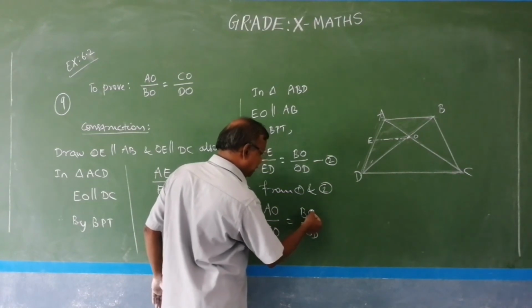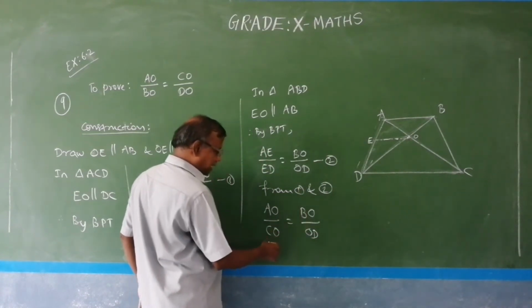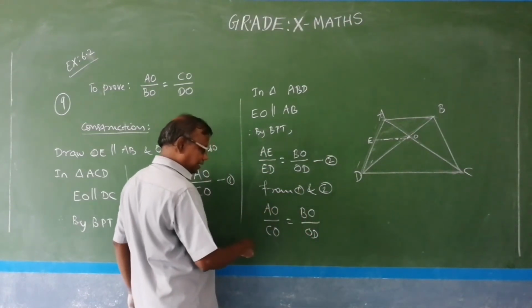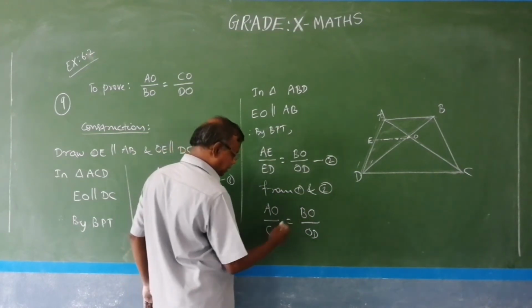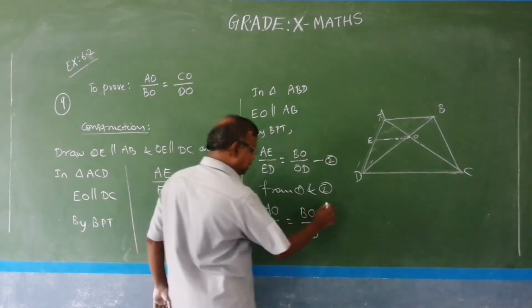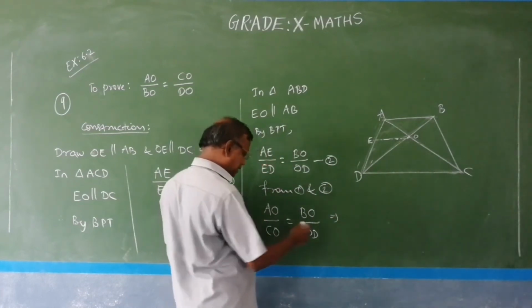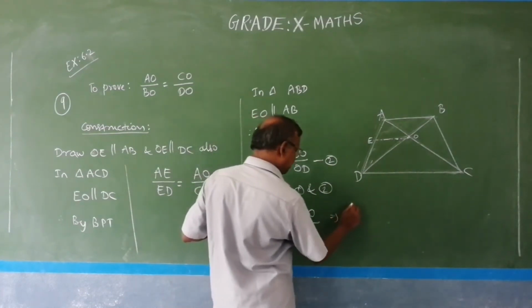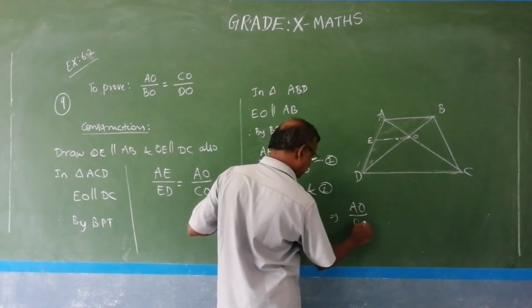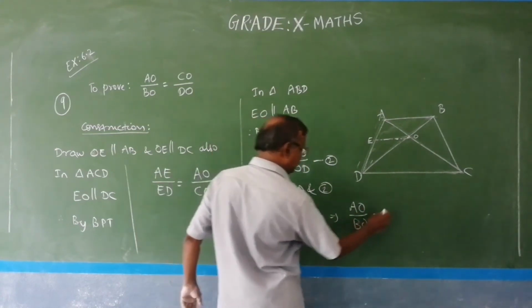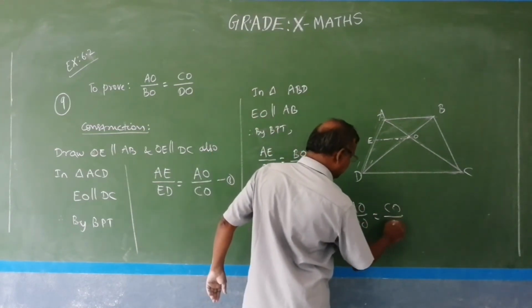So, bring the BO to the left side, that will be the denominator of the LHS, and bring the CO to the RHS, that will be the numerator of the RHS. So, by cross multiplication, we have AO by BO equals CO by DO. Hence proved.